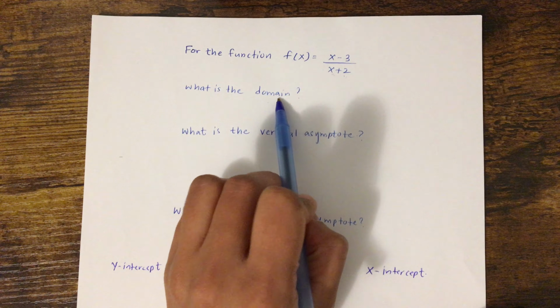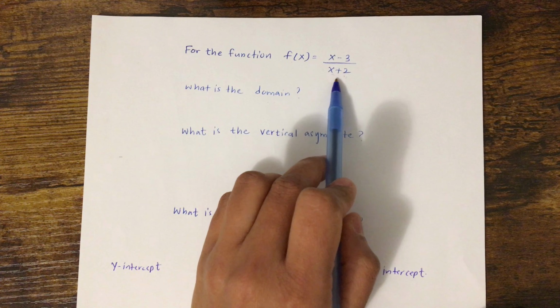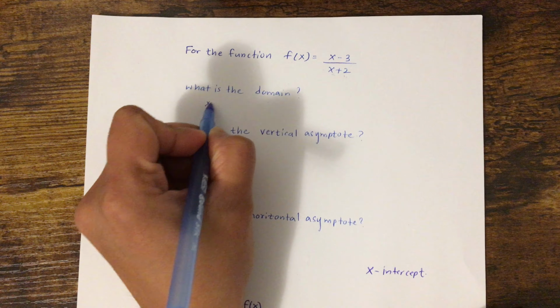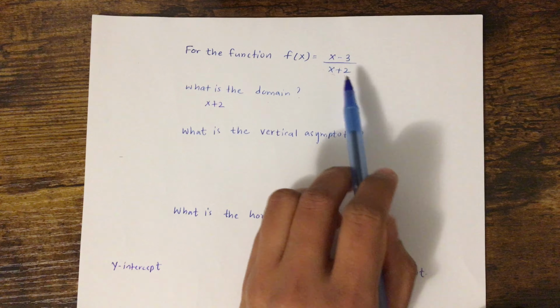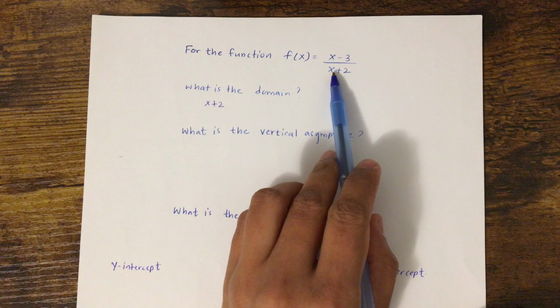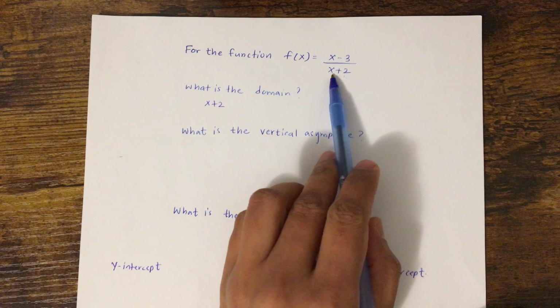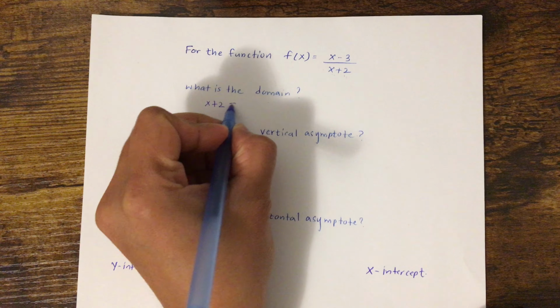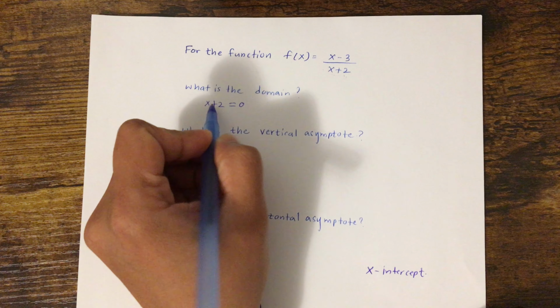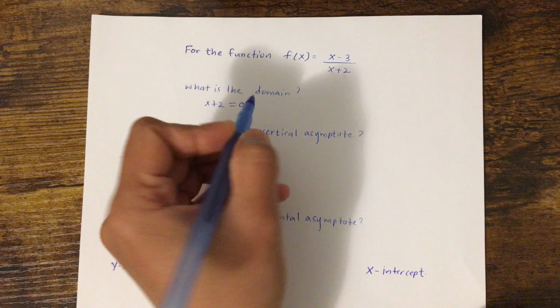To look at the domain of a rational function, you have to look at the denominator. So your denominator equals x plus 2, right? So you cannot have x values that give you zero in your denominator. So let's see what are the x values that satisfy x plus 2 equals 0.